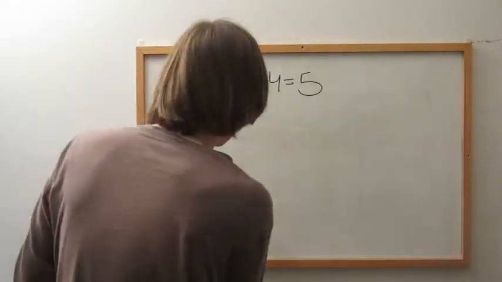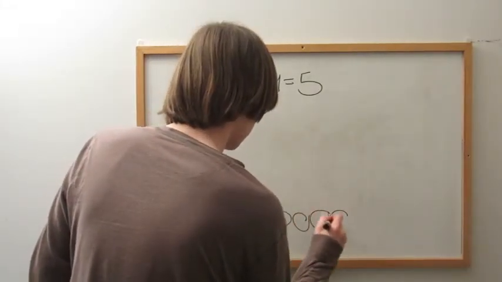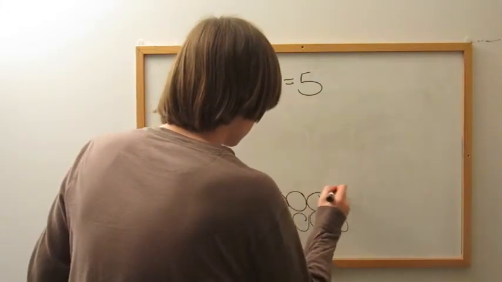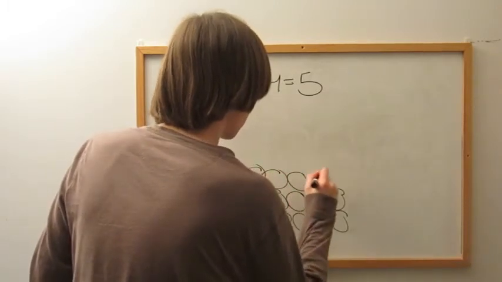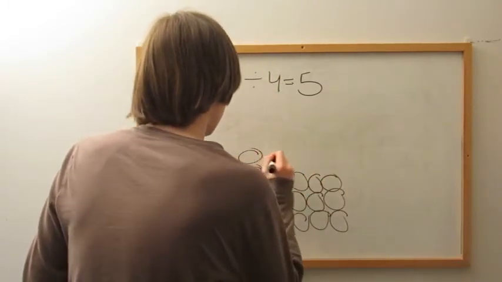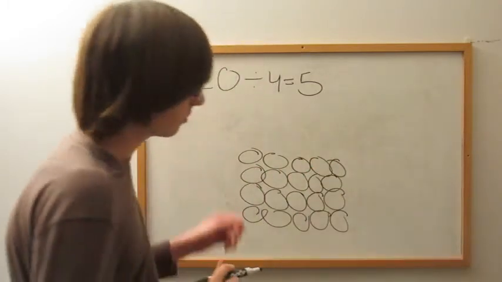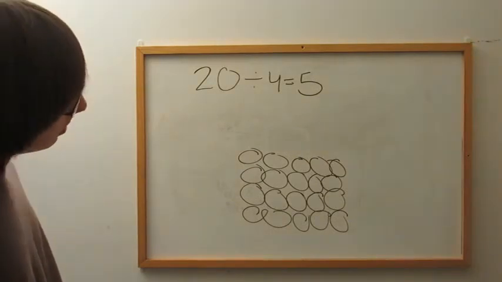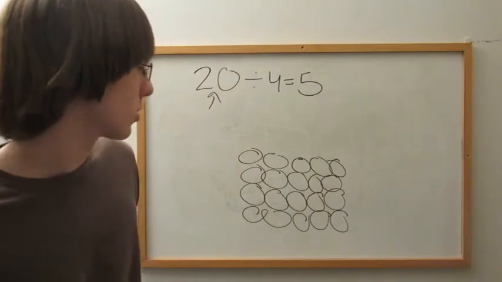That's a lot to draw, just saying. Okay, we drew 20 circles. So we have 20, right? That makes sense. Well, where is this 4 coming in?